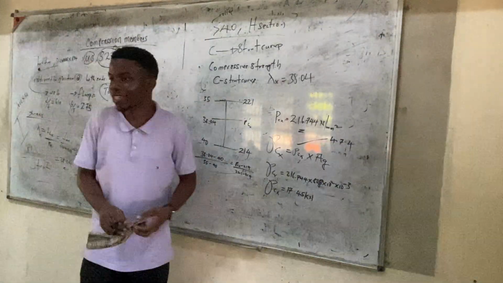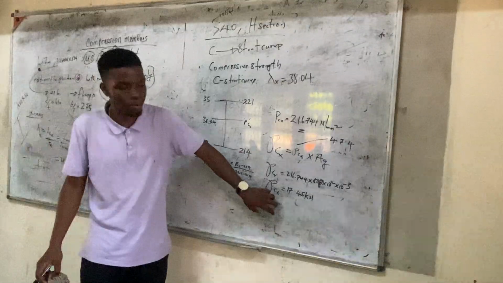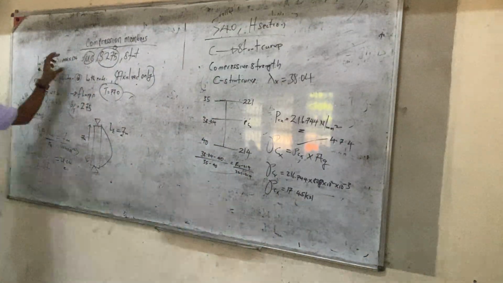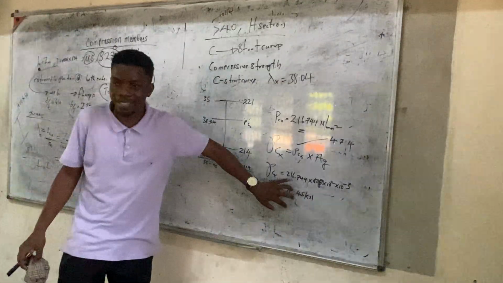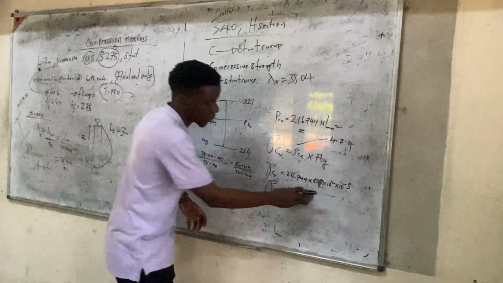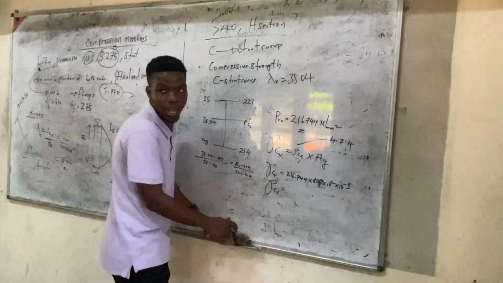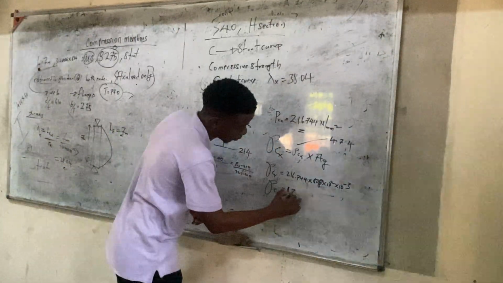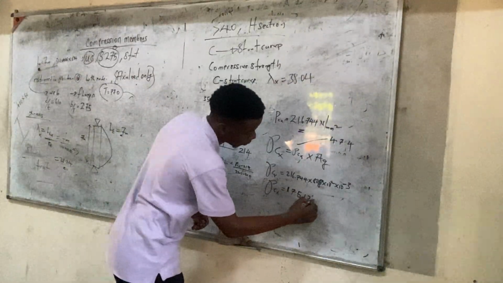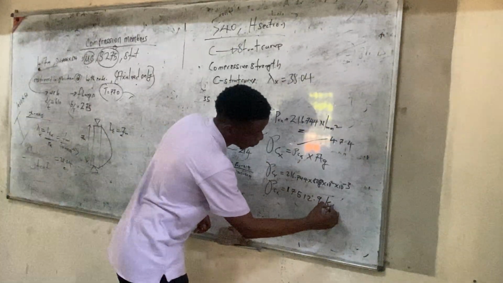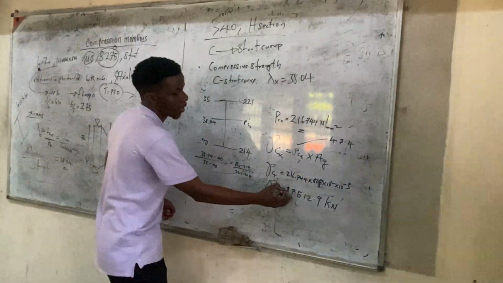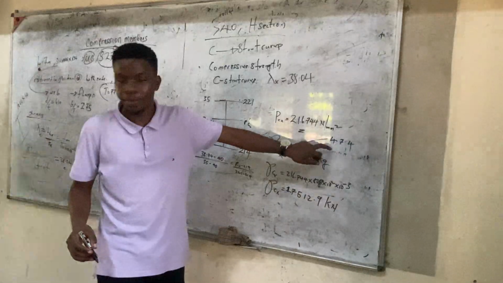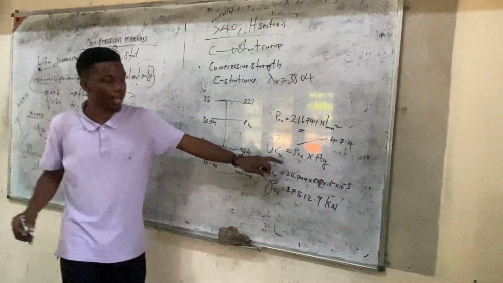Because I was even thinking, how come our compression resistance is this small? I mean, we tried a very big cross section. You don't understand? We tried a very big cross section. How come it's this small? So what do we have? Now, this you get from section 4.7.4. This formula.